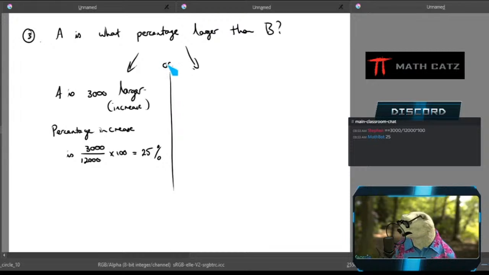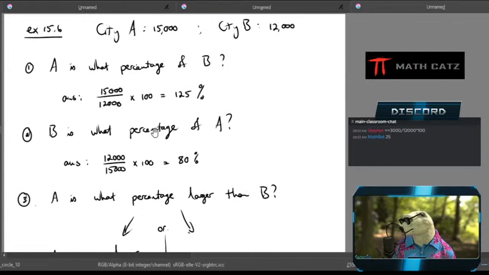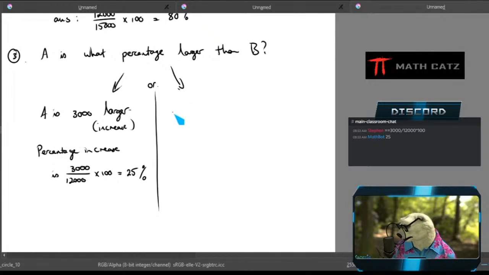Or I can look and say, what is the percentage new to old, so to speak, A to B? But we've already done that. Now, normally you might not have had that in a previous question, but we have it right here. So let's just write it down. A is 125% of B. Not 125% larger, it's just when I compare the two amounts, A is of course the bigger one, right?